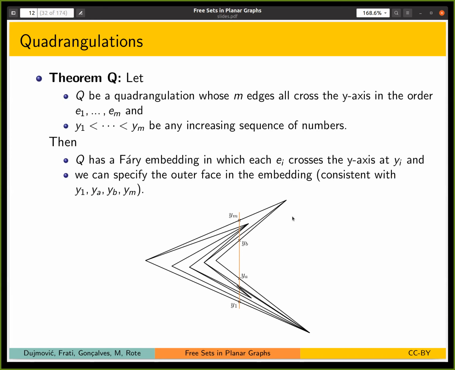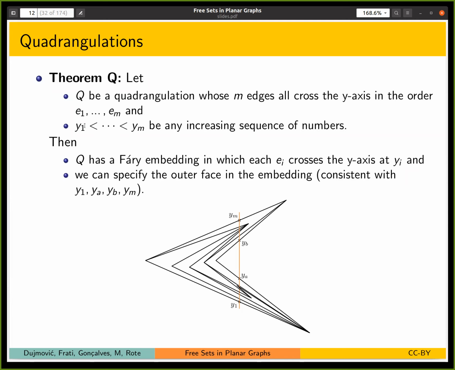All right. So this picture down here shows the setup for what I think is the crux of the problem. You give me a quadrangulation, which is currently drawn in some way so that all of its edges cross the y-axis, as in this picture.